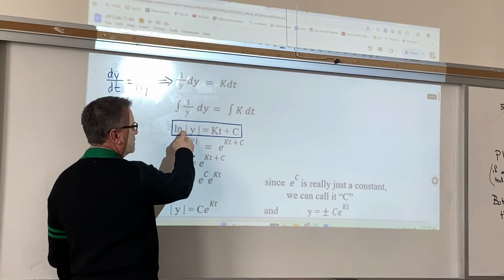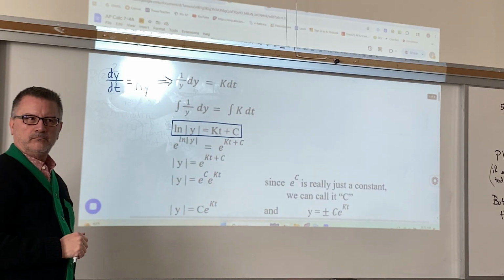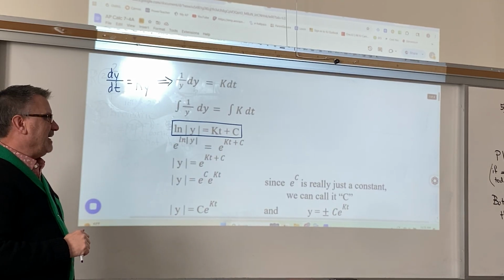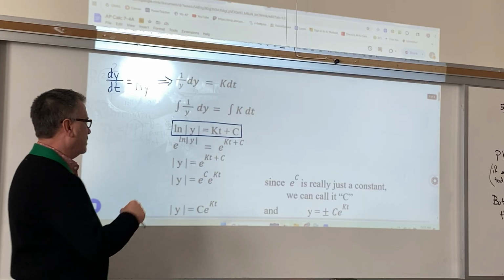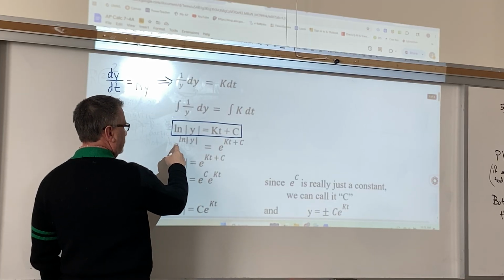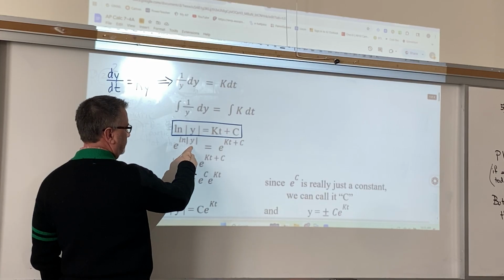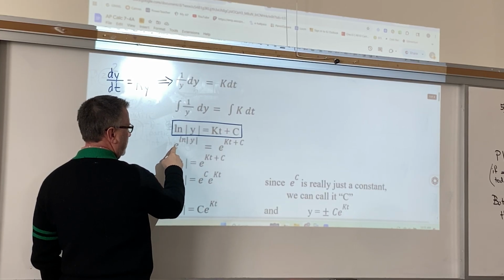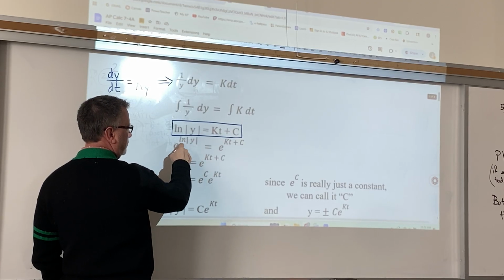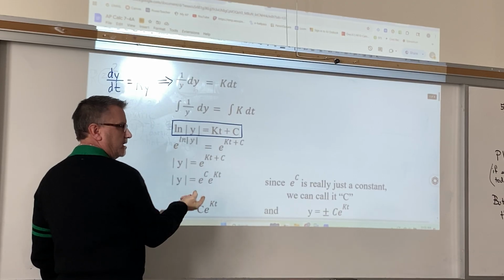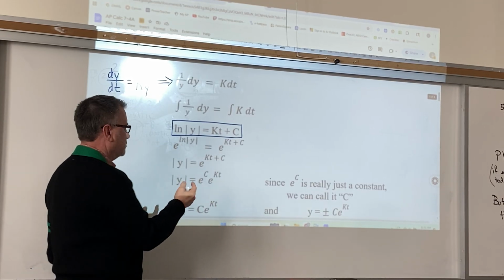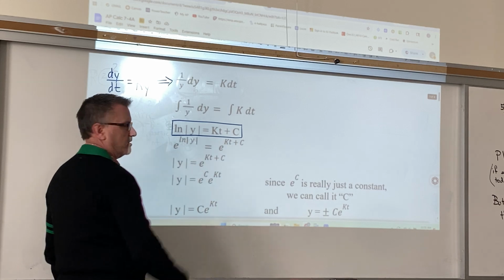Well, because there's a natural log here, and that's log base e. And so e raised to the natural log base e is just going to be y. Like if that were 3 to the log base 3, it would be y. So if that base and that base are the same, your exponential base and the original base are the same, I don't know if you remember that from algebra 2, but then your answer is just the argument there.